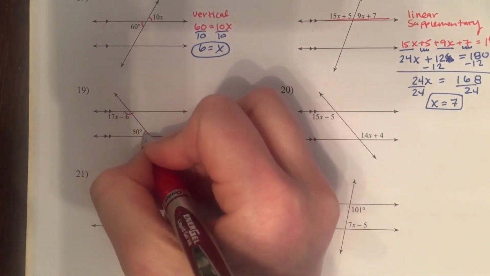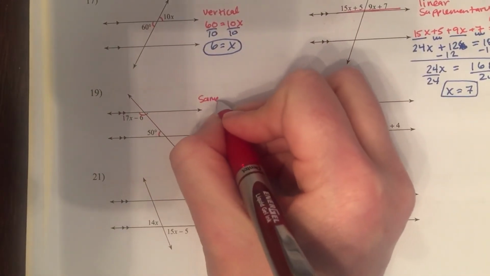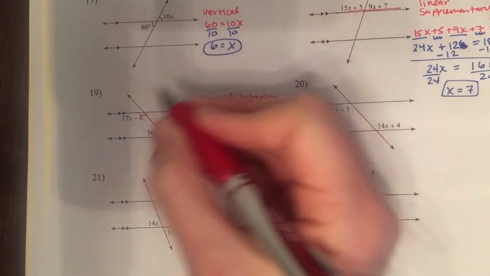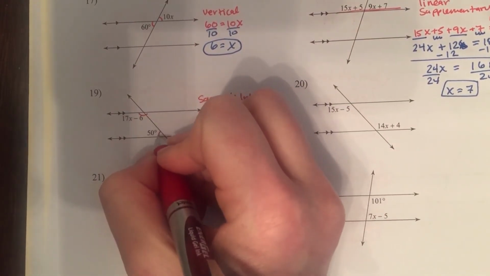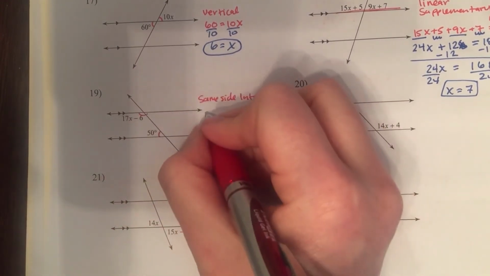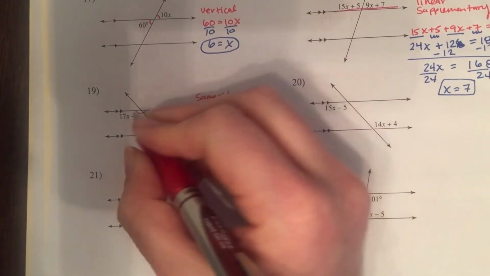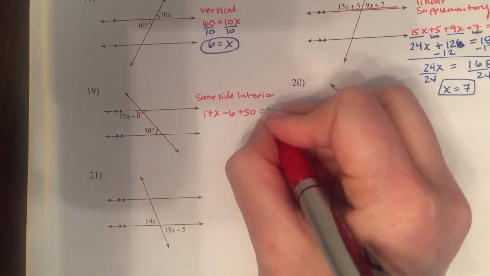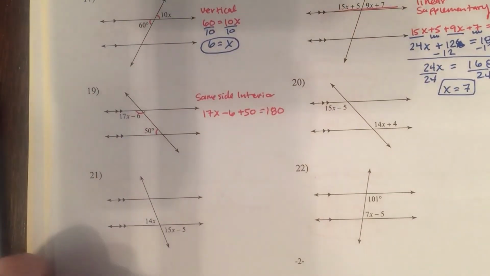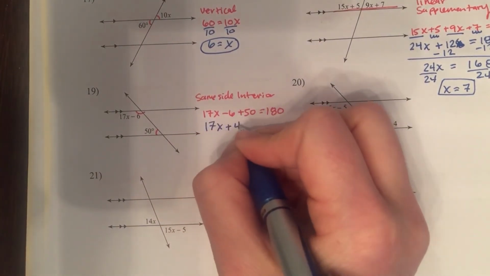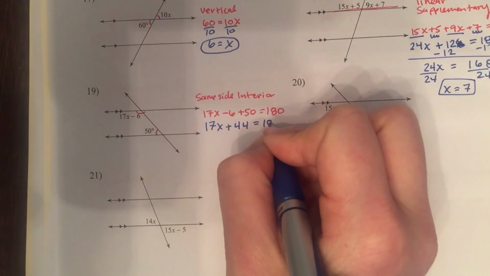19. I have same side interior. These ones, see how that one's big and this one's little for the angles? That means that 17x minus 6 plus 50 together, they should equal 180. 17x plus 44 equals 180.